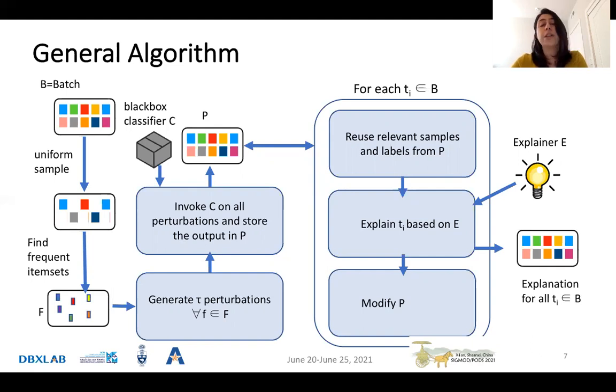Now, for each tuple in the given batch, we reuse the relevant samples and labels from this storage and explain that tuple based on the internal algorithm of the explainer and modify this storage if required. And finally, we output all of the generated explanations.